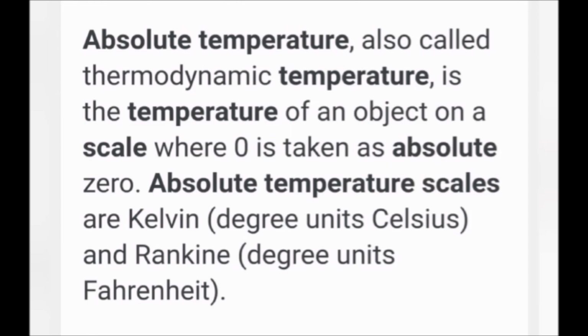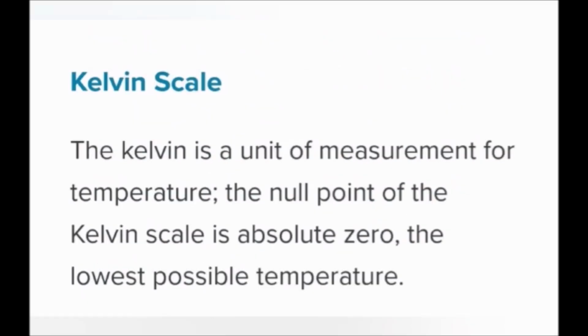It is also called thermodynamic temperature. It is the temperature of an object on the scale where 0 is taken as absolute zero. The 0 in the Kelvin scale is absolute zero. 0 Kelvin is the absolute scale of temperature of the body.